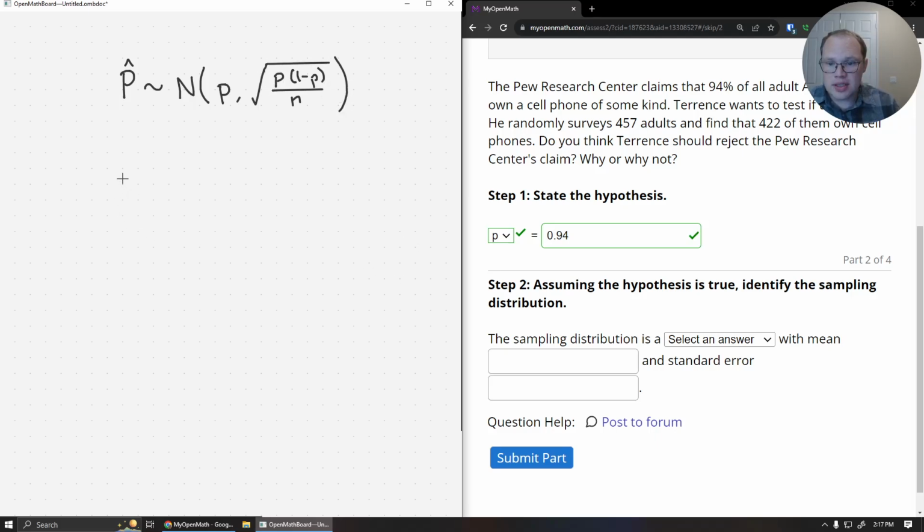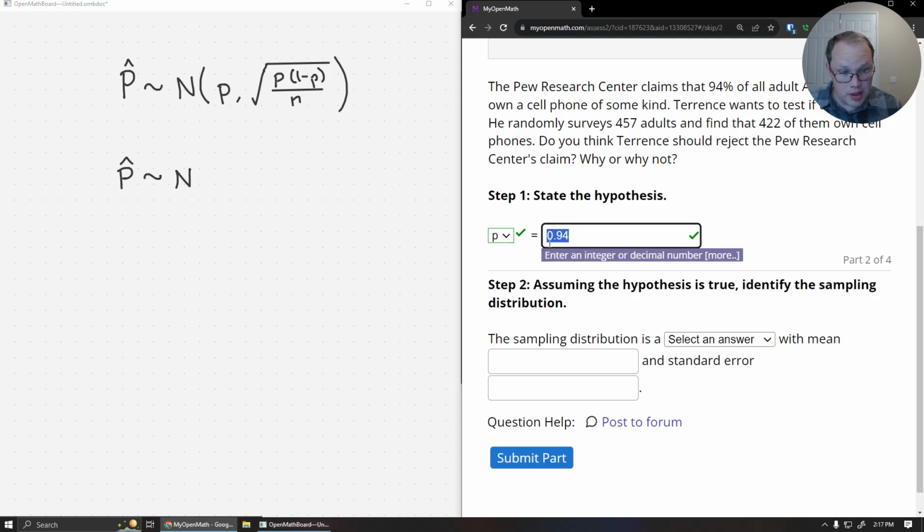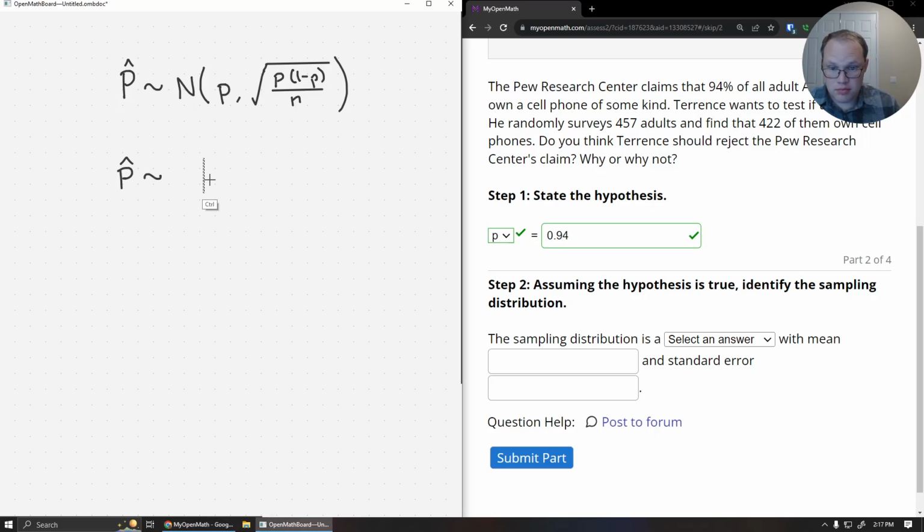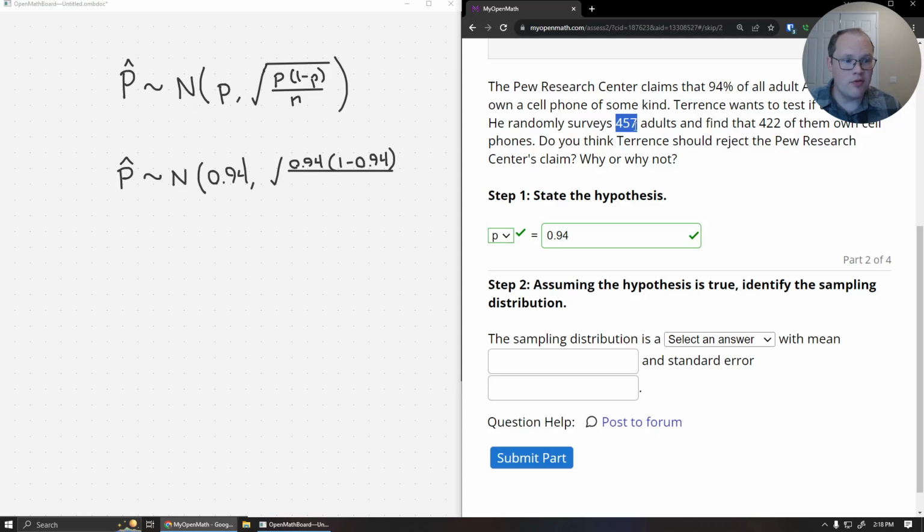In this case, we are assuming the hypothesis is true, so p is 0.94. The standard error is the square root of 0.94 times 1 minus 0.94, over our sample size. We have surveyed a total of 457 adults.